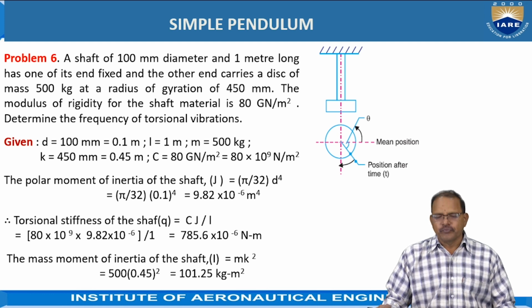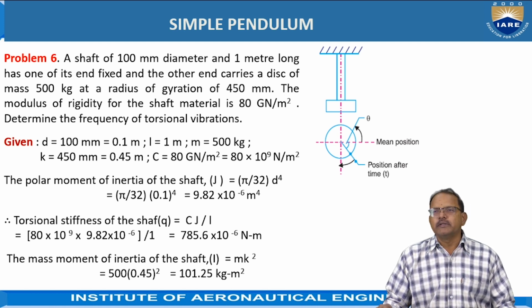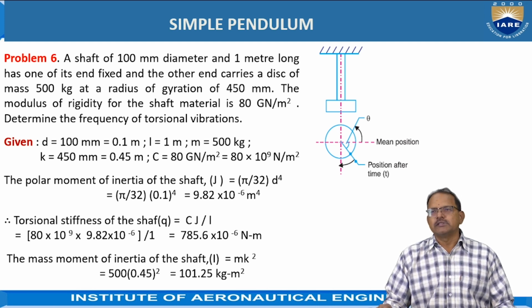Generally, the weight of the shaft is negligible compared with the mass suspended at its end. When a turning moment is given, the body will oscillate to and fro, twisting and untwisting with respect to the axis.